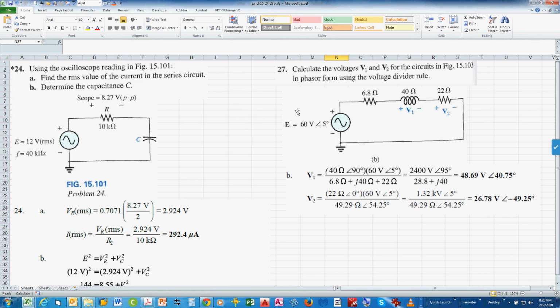And then problem 27, it says calculate the voltages V1 and V2. Those are the vectors for the circuit using the voltage divider. And basically what you do here is you take E, which is your phasor voltage, and you multiply it by whatever voltage you're looking for. This is at 40 ohms, and it's a plus 90 because it's an inductor.